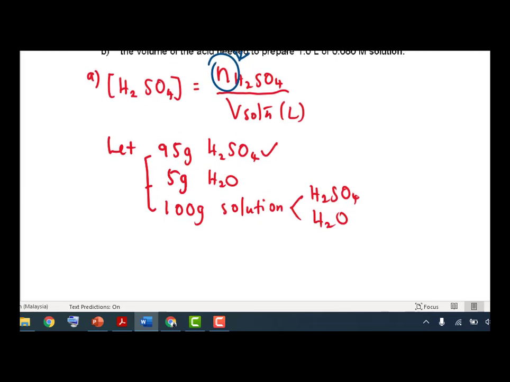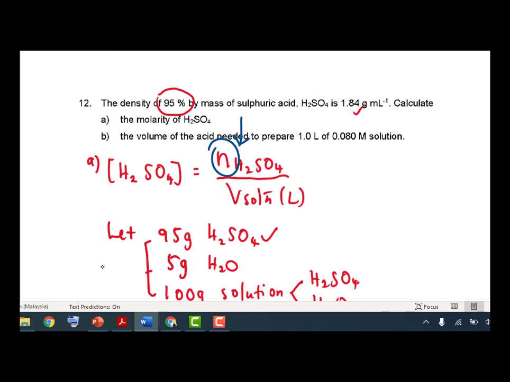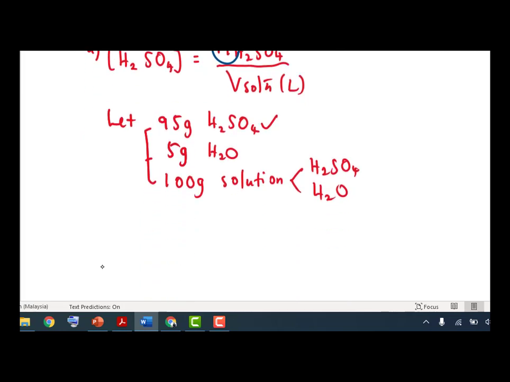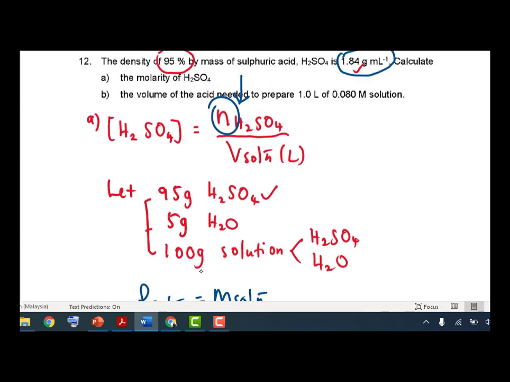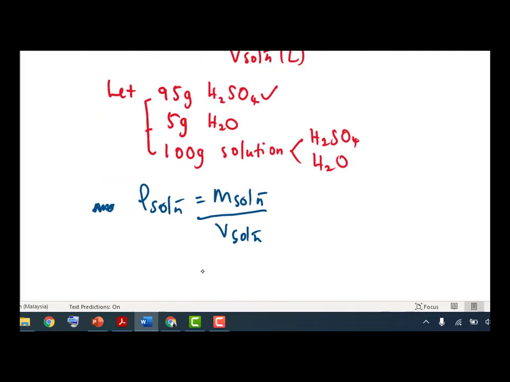How about the volume? We have to use the data from the density given, which is 1.84. We know that the density of the solution equals the mass of solution divided by volume of solution. The density given is 1.84 gram per ml. The mass of solution is 100 gram.